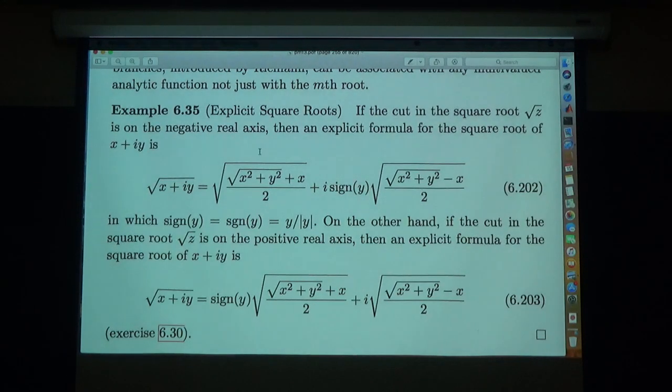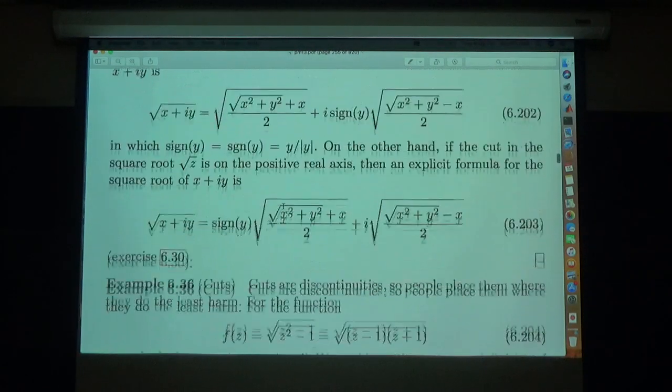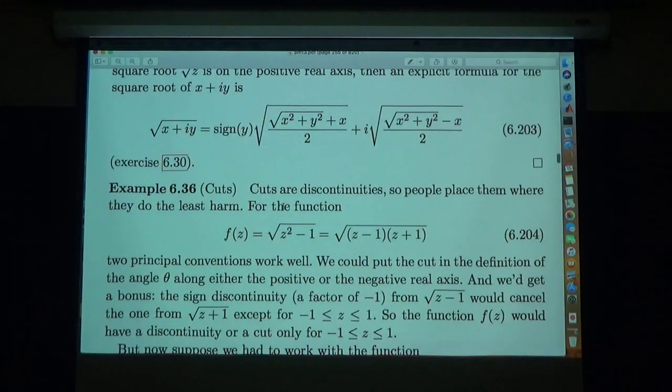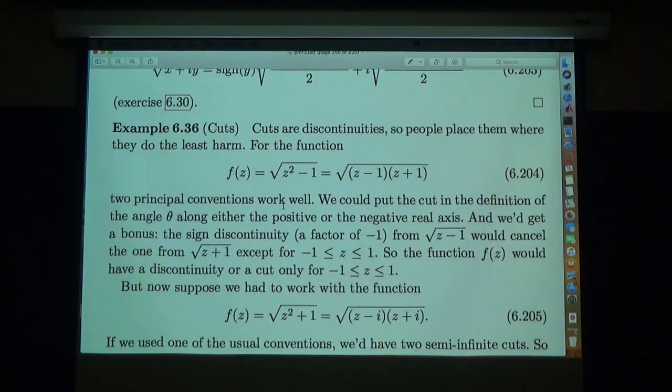And so the complexity of these formulas is a reflection of the unnaturalness of the Cartesian description of the complex plane. On the other hand, there are senses in which it's simpler. It's obviously easier to add complex numbers if you use x plus i y. On the other hand, if you want to multiply numbers, it's easier to use a polar expression, r e to the i theta.